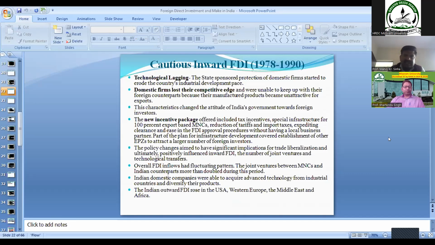With this change in the FDI policy, India started to receive FDI inflow from Western Europe, USA, and Japan, and FDI increased.